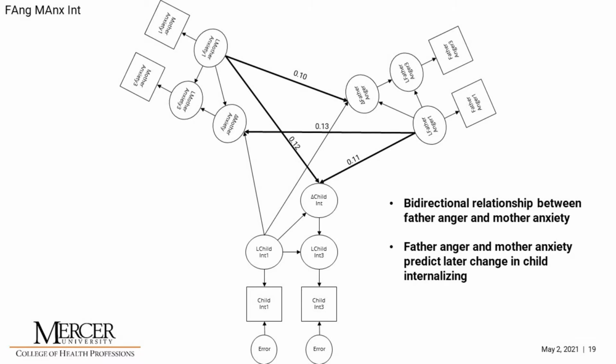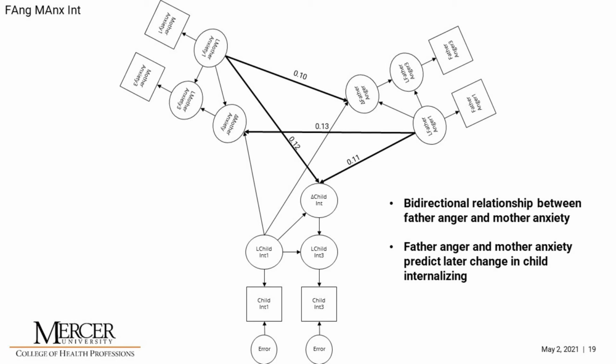And remember, we are doing a trivariate latent difference score model. So we're looking at how mother affects change in child and father, how father affects change in mother and child, and how child affects change in mother and father. I'll put this model up on the screen so you can better see it. I'm looking at father anger, mother anxiety, and child internalizing behavior, and how all of those influence later change in the others over time.